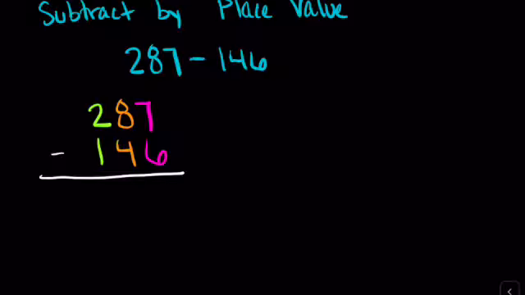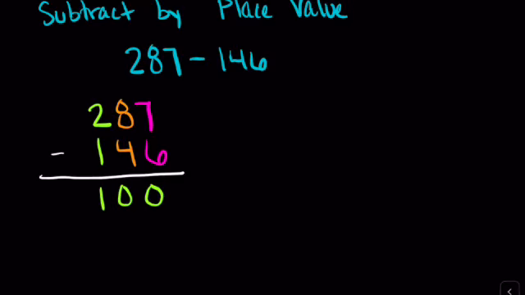And we can do this right to left, just like the traditional algorithm does it, or we can do it from left to right. Again, that is a little more intuitive because that is how we read, so it might be easier for your students to think about this going from the left place value and moving towards the right. So we're going to do 200 minus 100 is 100.